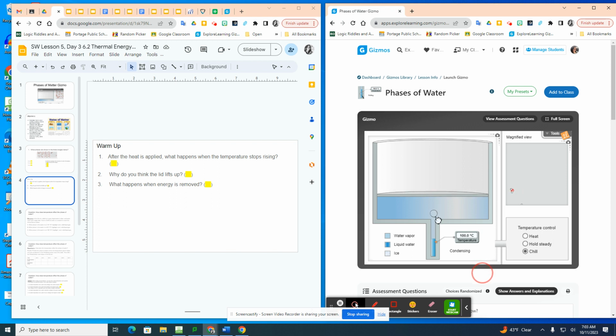How would you describe our gas versus water? What's happening to the gas? What's happening to the water? What do we see happening with the molecules? Think about what process we have going on right now.